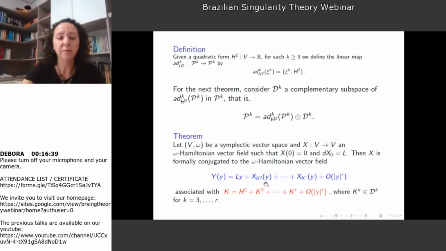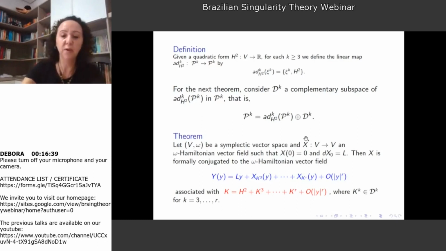They show that, and here we put it in our context, if V, omega is a symplectic vector space and X is a Hamiltonian vector field, X is formally conjugated to a Hamiltonian vector field given in this way. What is the difference here? The difference is that we write the new function K as a normal form of the function associated to the map.